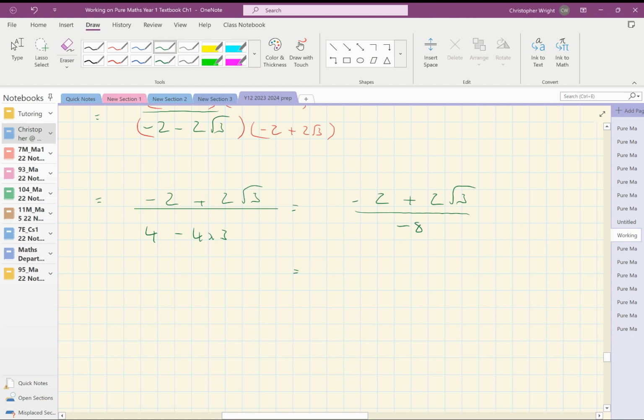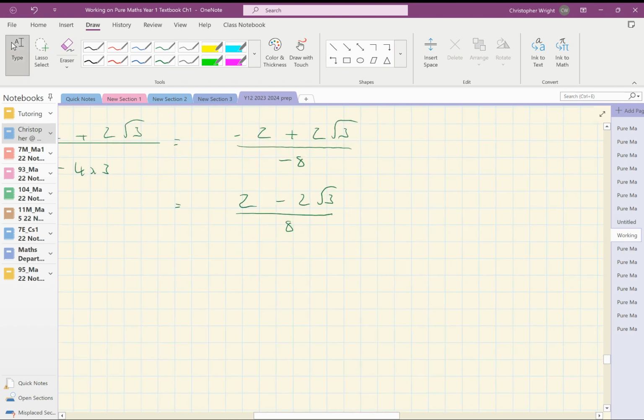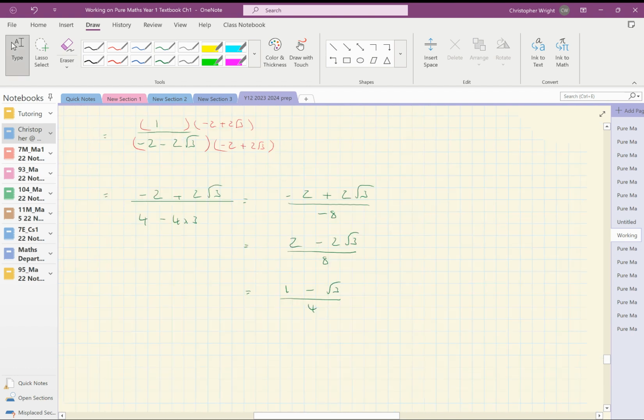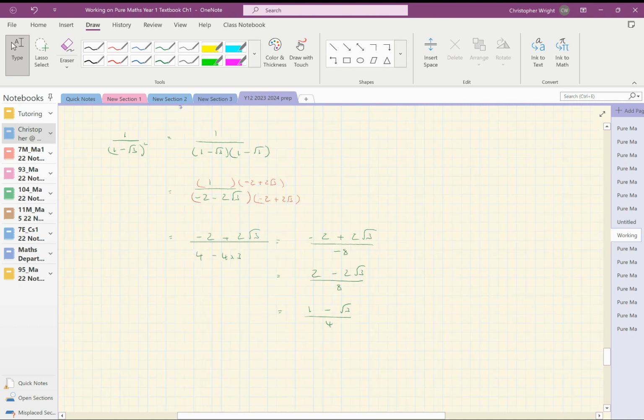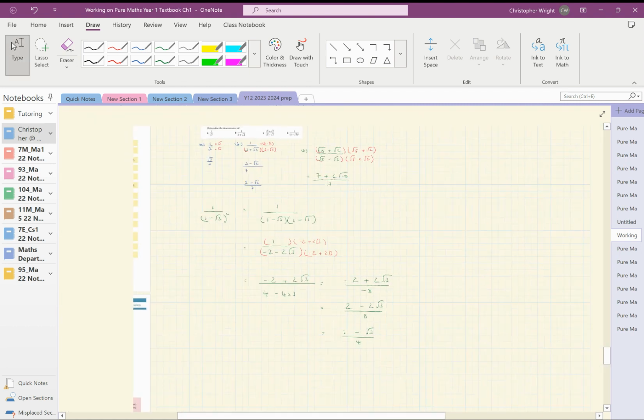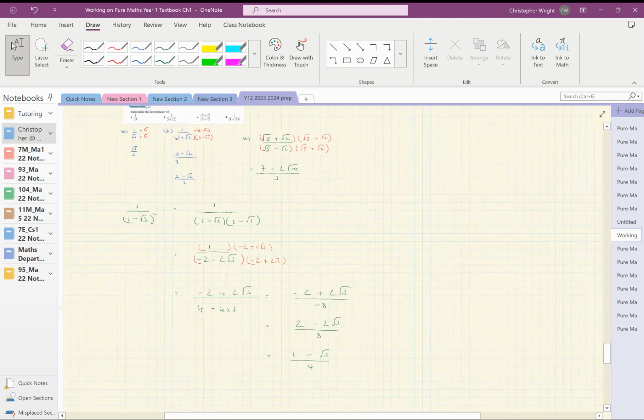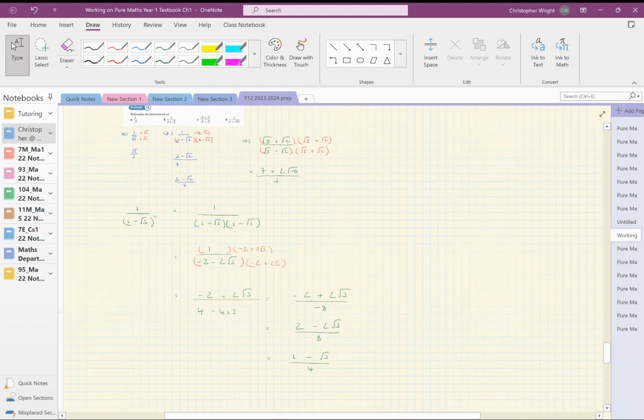I'm not sure I like having a negative denominator, so I'm going to write that as 2 minus 2 root 3 over 8. And in doing so, I see I can divide the top and bottom by 2. So that's my final answer there, 1 minus root 3 all over 4. And there are my solutions to example 14.